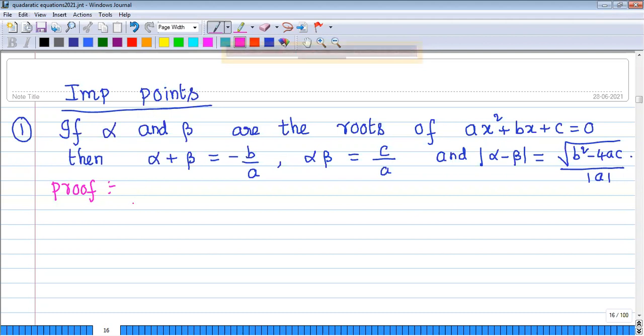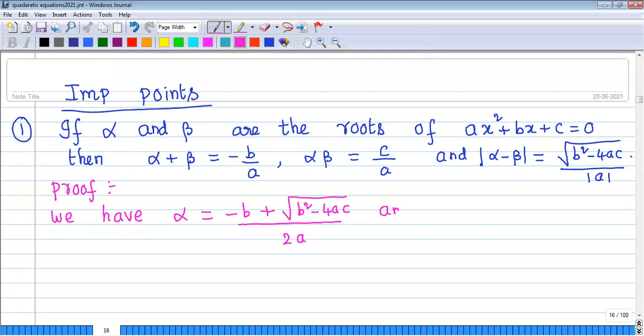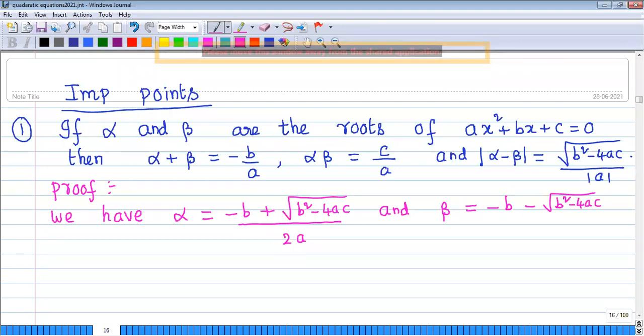So alpha is equal to minus b plus root of b square minus 4ac upon 2a, and beta is equal to minus b minus root of b square minus 4ac by 2a.